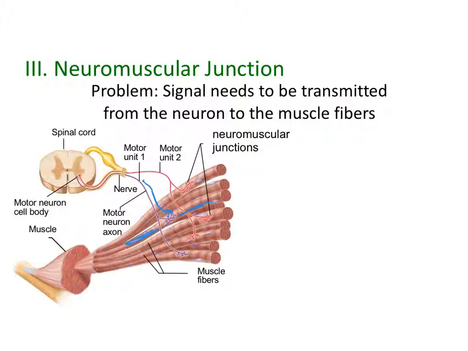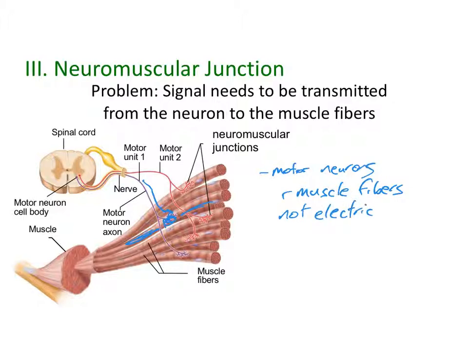And so how do we link one cell to another? Part of the problem is that motor neurons and muscle fibers are not electrically coupled. So you can't excite one and have a direct coupling to the next cell.